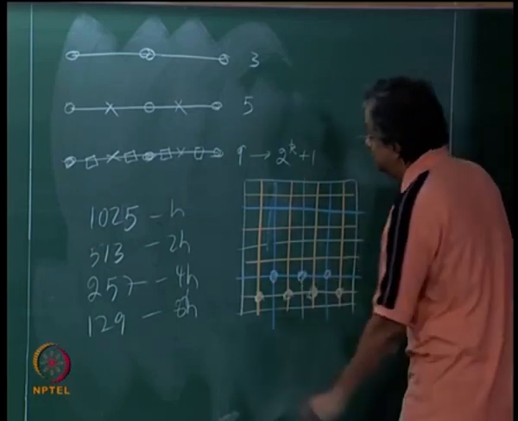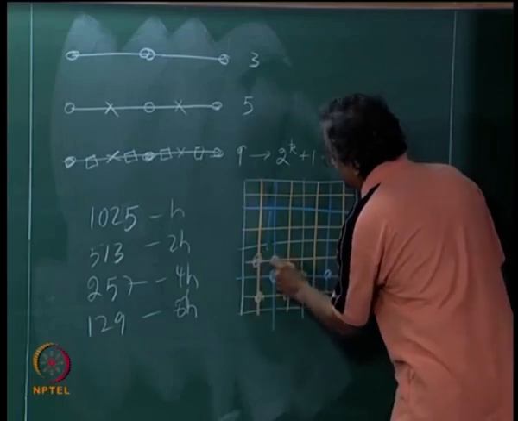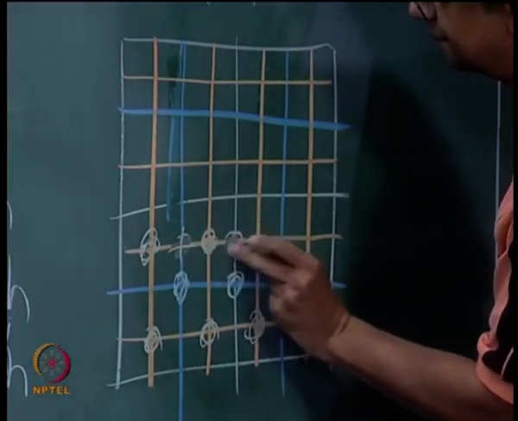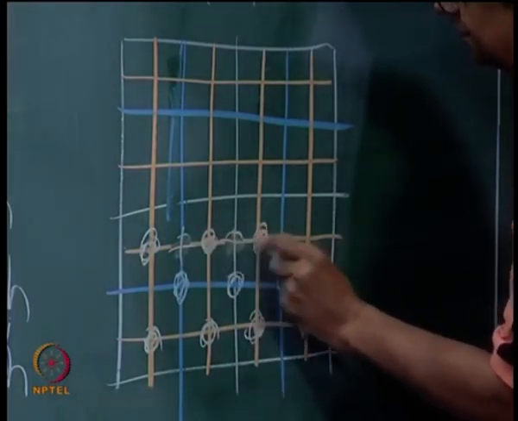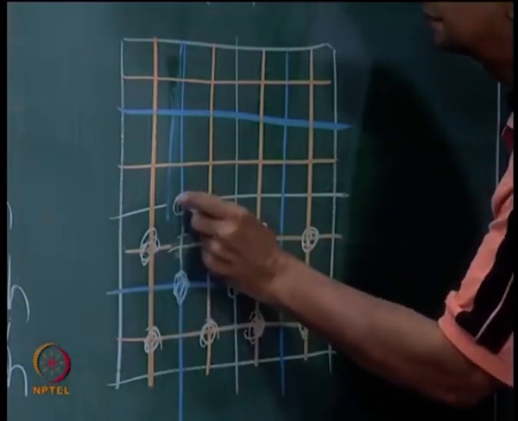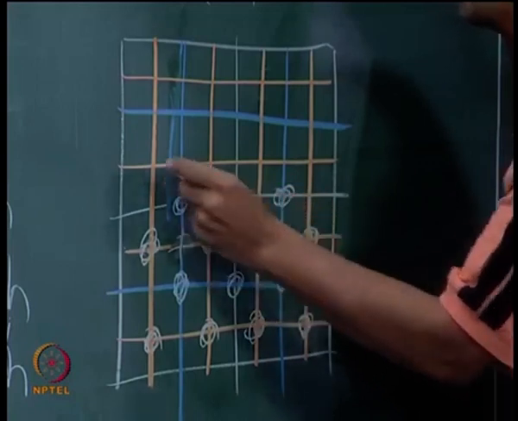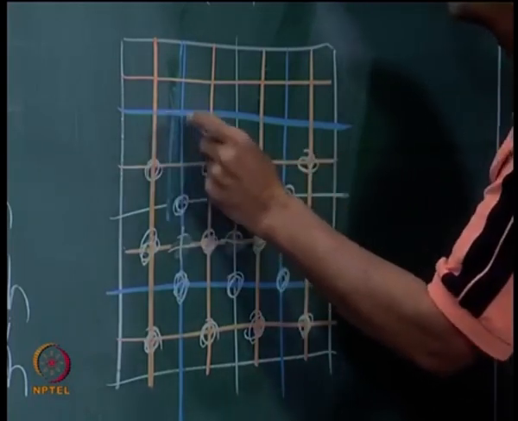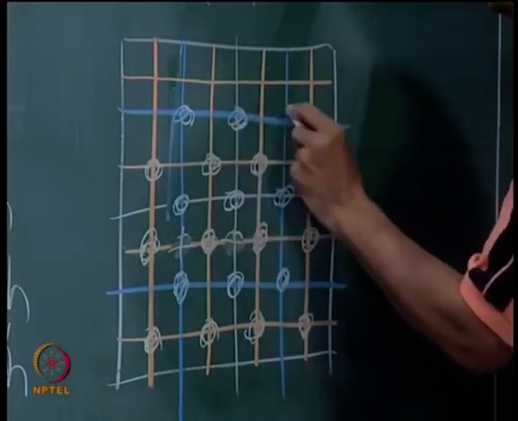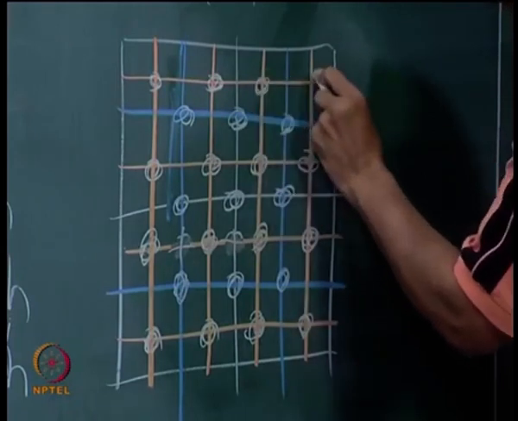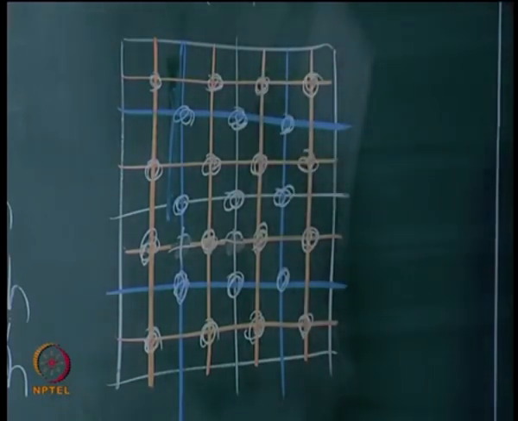Am I making sense? Right, it is like the black and white squares of a chessboard.